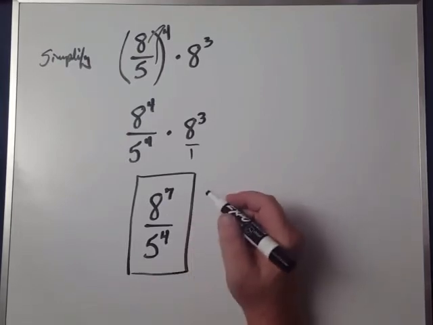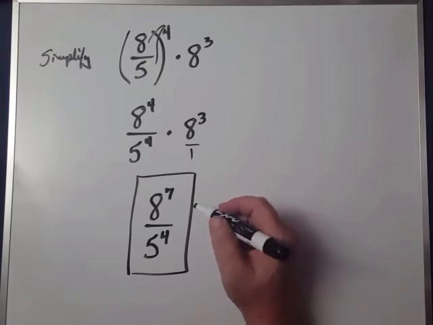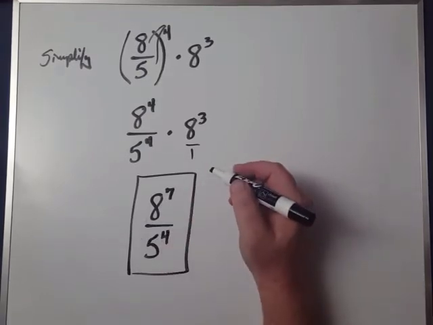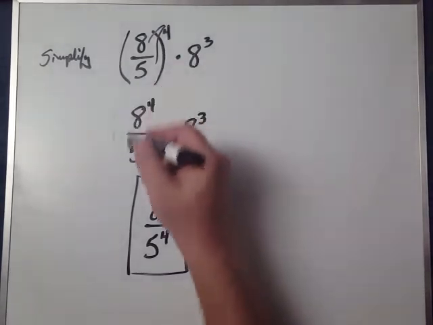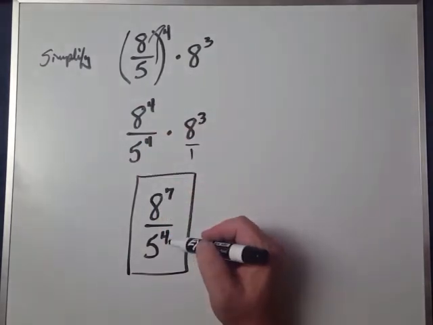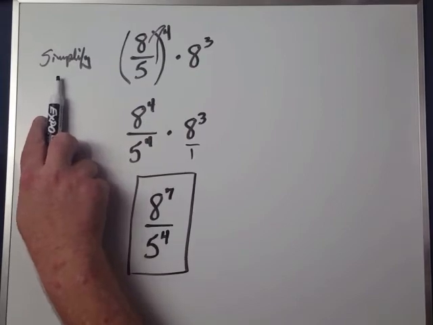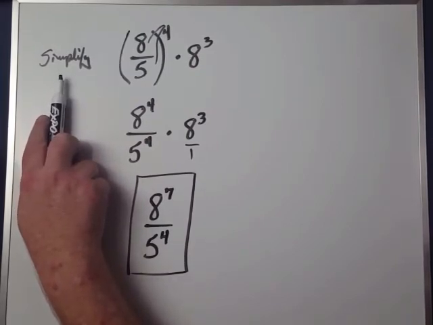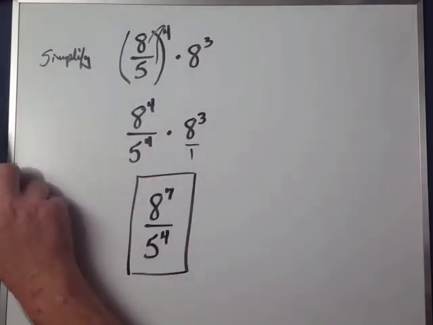A lot of these you'll look up in the back, and they're going to turn out to be what we would not consider simplified. But the goal right now is to get used to using these rules. So I might say that for these problems, you could follow the instructions: simplify, leaving your answer in exponential form.